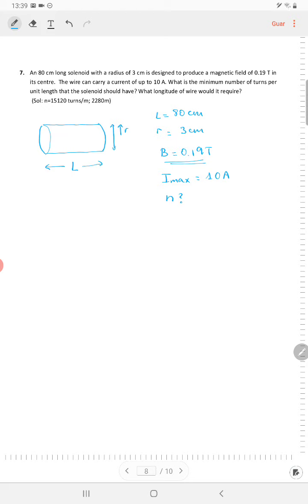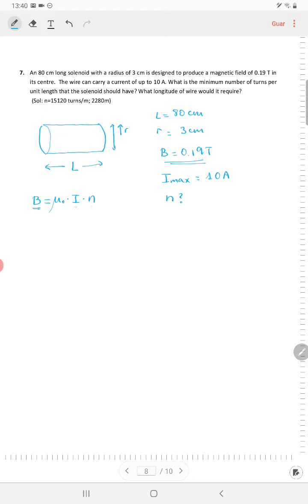If you go back to the theory, you will see that the magnetic field in the center of a solenoid is given by mu sub 0 times the current times the number of turns per unit length. So if we have a fixed magnetic field, in this case 0.19 Tesla, and an intensity of 10 amperes, we will need a certain number of turns per unit length.